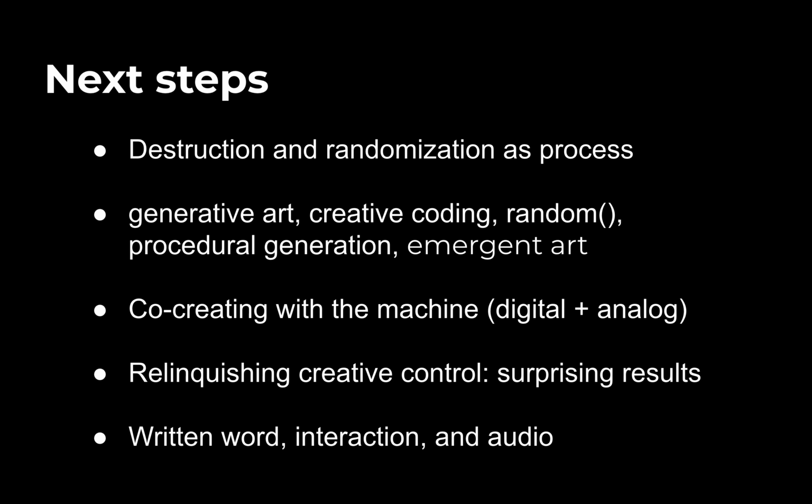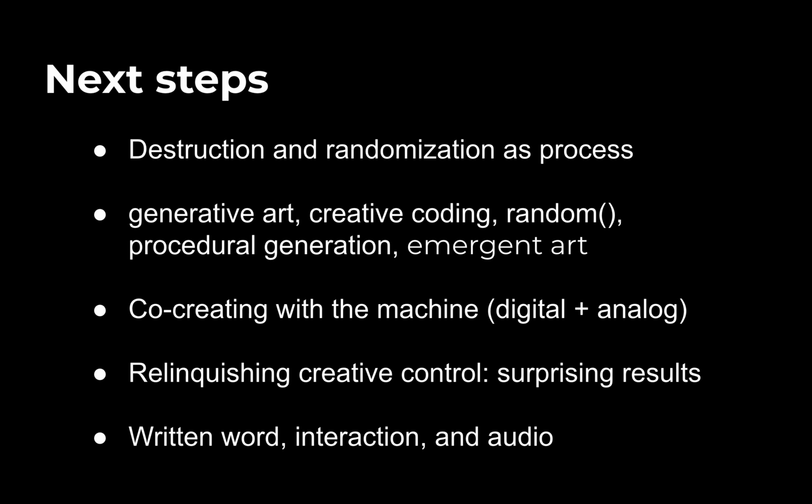My next steps are to further experiment with destruction and randomization as creative processes where I let go of control and am surprised by the result. Co-creating with the machine and combining analog art with digital processes, and relinquishing creative control to collaborate with the machine.